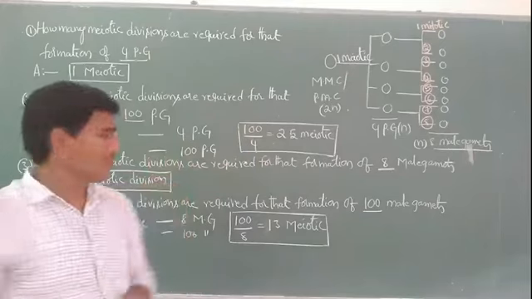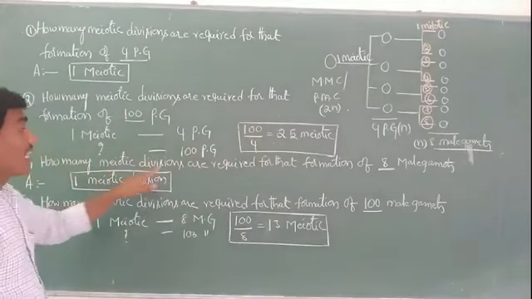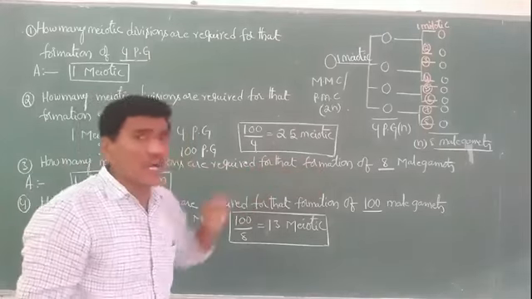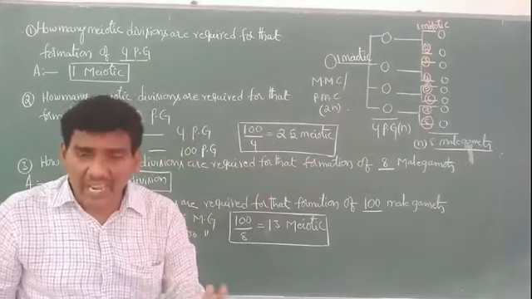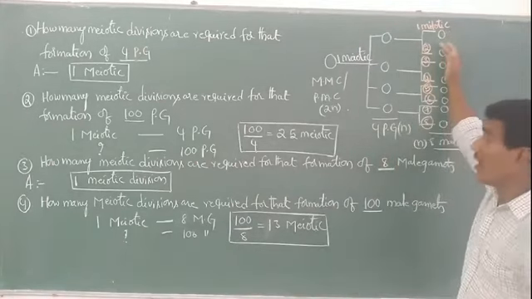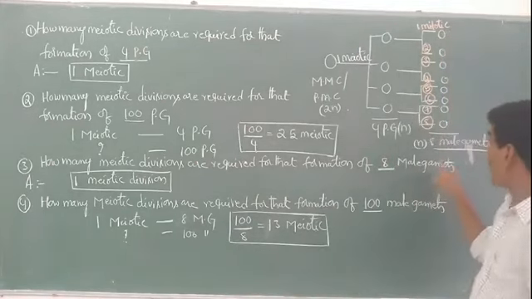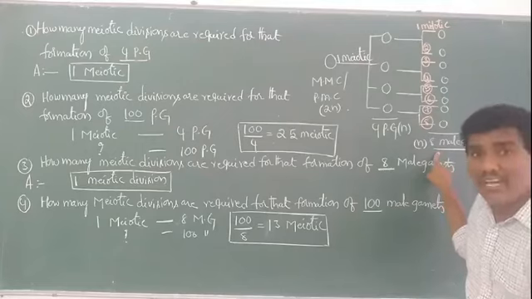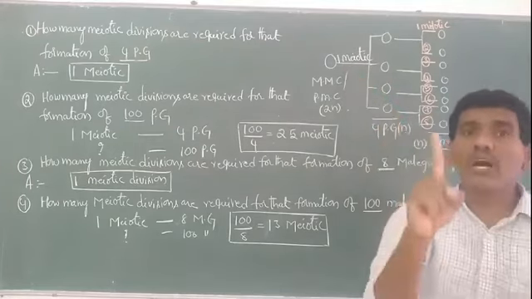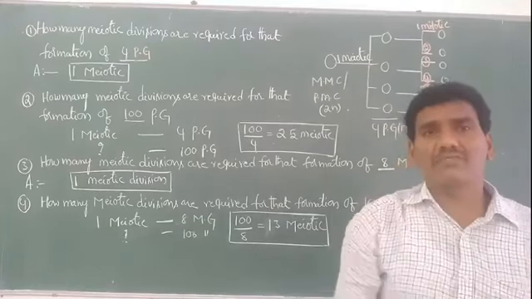Third question: how many meiotic divisions are required for the formation of 8 male gametes? In the flow chart, 1 meiotic division.